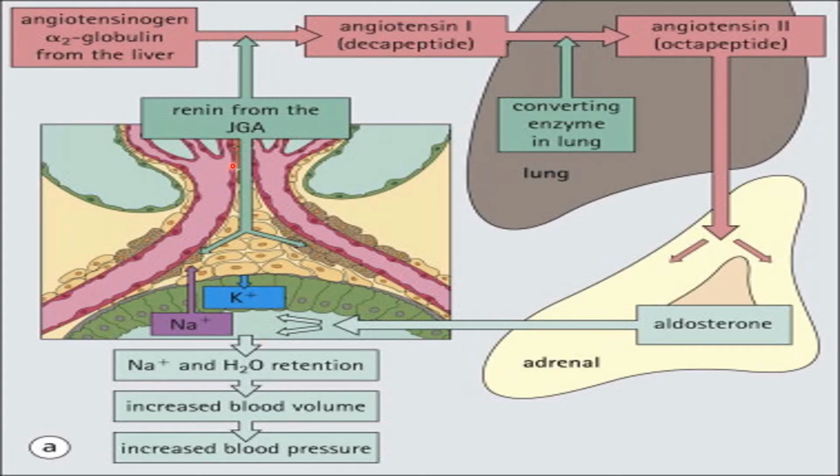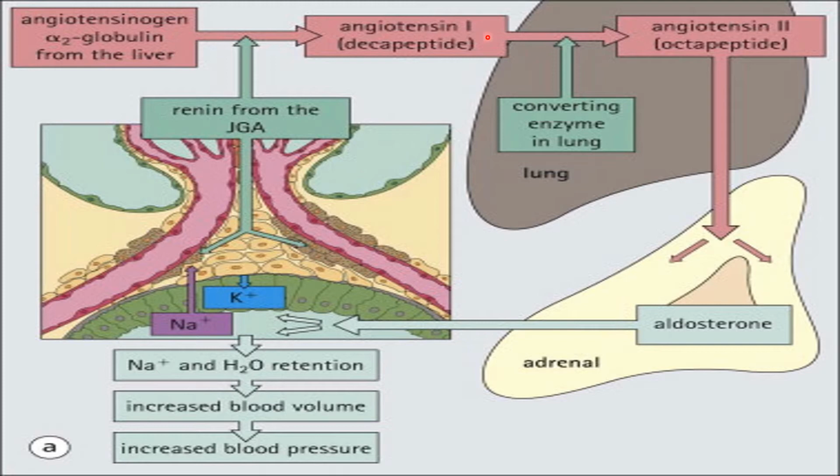So again, renin produced from the juxtaglomerular apparatus in the nephrons of the kidney converts angiotensinogen, a substance released from the liver, into another substance known as angiotensin 1.